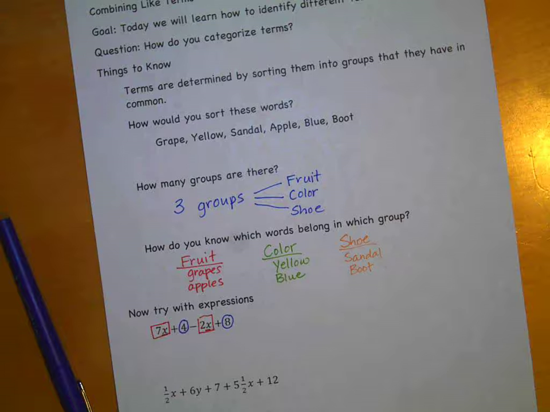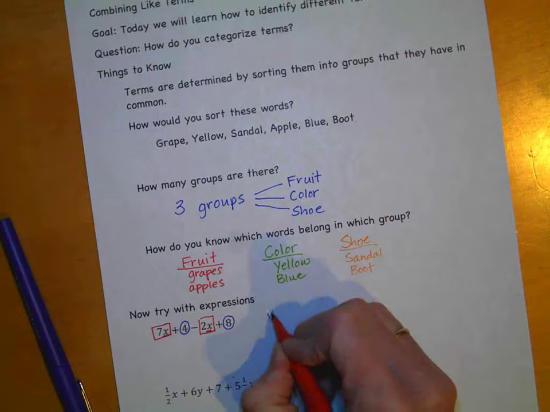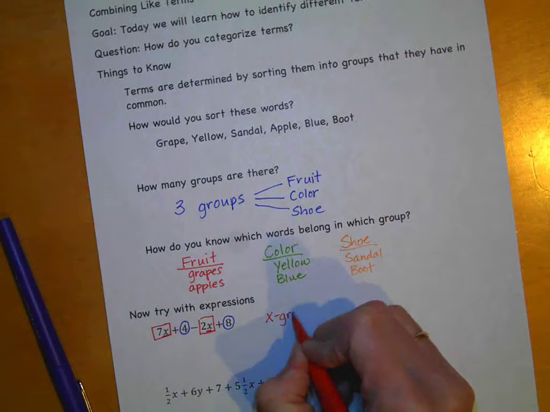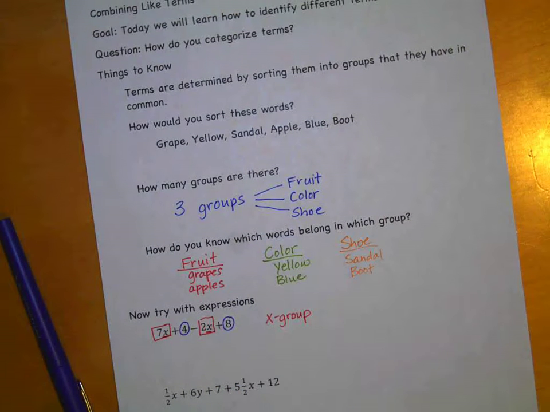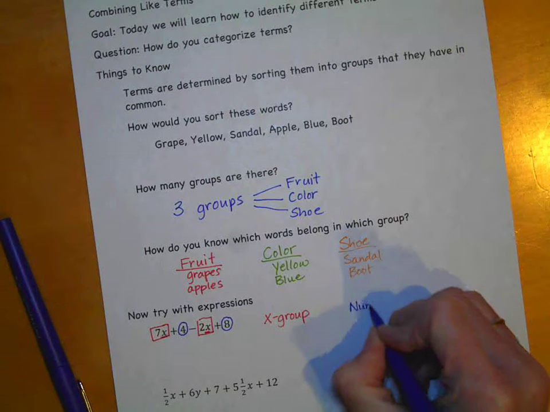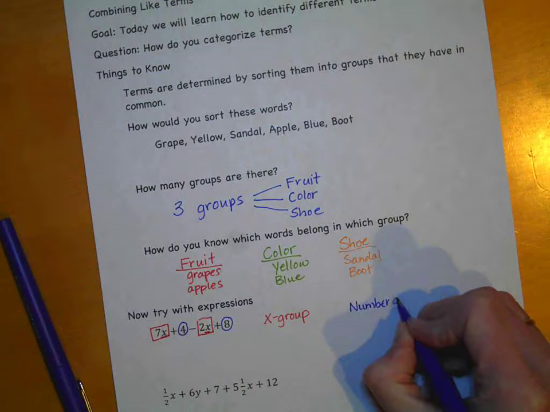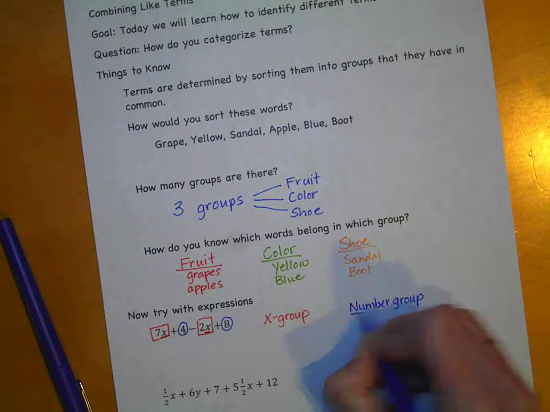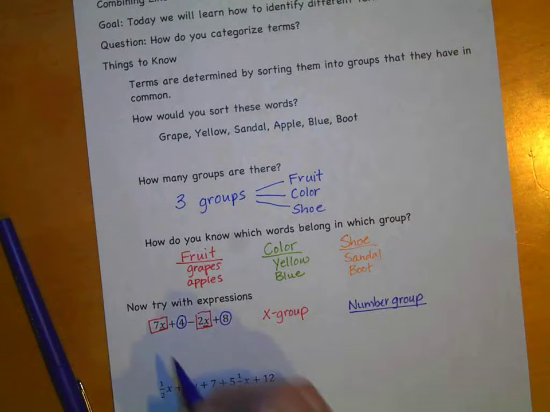So we have the x group, and we also have just the number group. Just like we did up above, we write them under where they are.